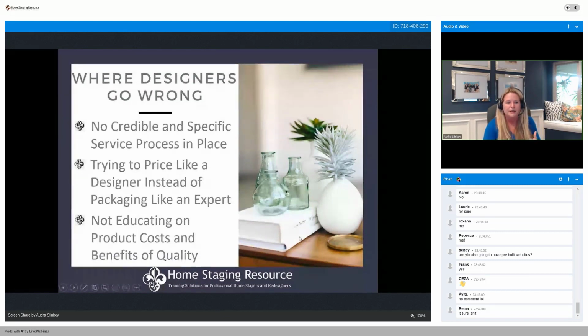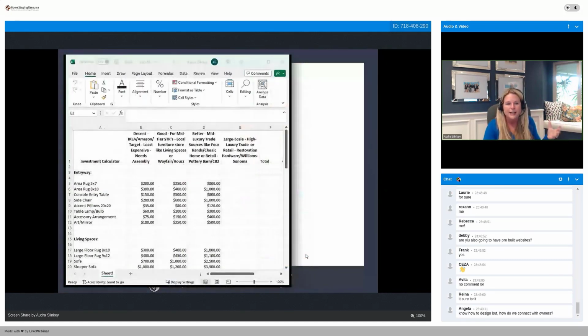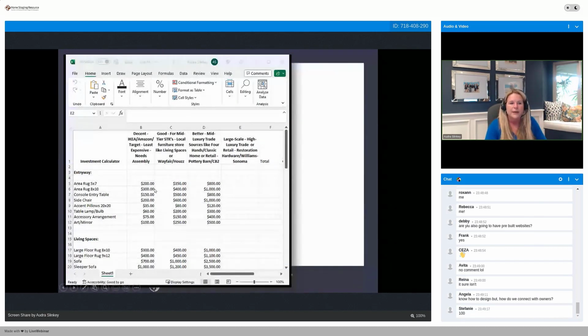And this is a biggie because people don't know, okay, how much does furniture in a living room, even if it's just Amazon furniture, how much will that cost me? Well, guess what? In my training, we've looked through every single cost of things. And we have a decent, good, better, and we have the typical costs for it. Yes, I can find you a couch on Amazon for 500. Is that really where you want to go? And so we have it in a spreadsheet for you.